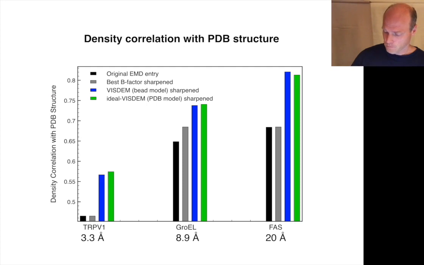And you see that you always get an improvement over the best B-factor sharpened maps and the original entry in the data bank. There's basically no difference between the VISDEM sharpened and sharpened with the correct PDB model. So VISDEM already estimates the correct structure factor very well.